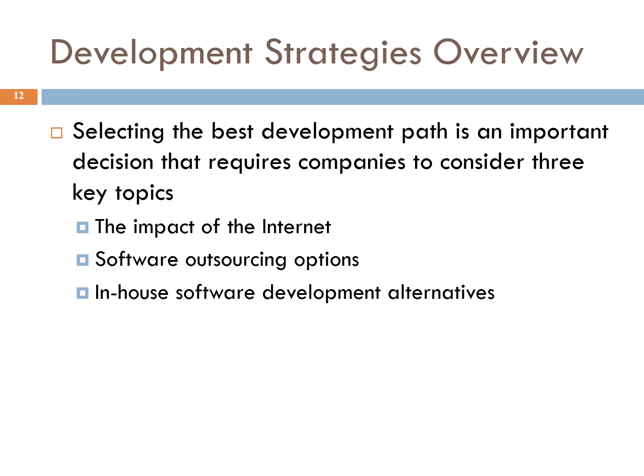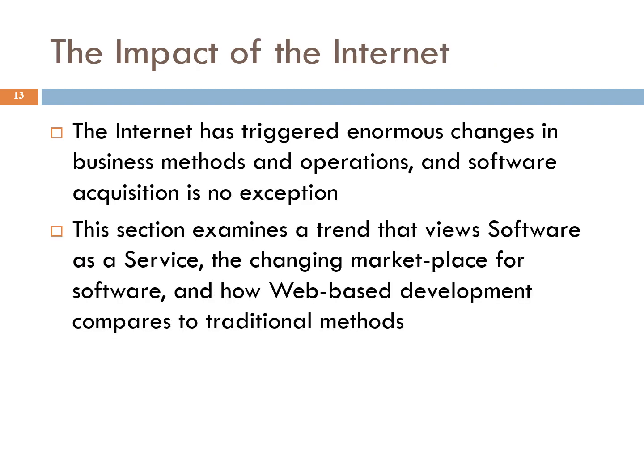So it is important to select the best development path, meaning how the company is going to develop their software, with consideration of these three areas. The first one is the impact of the internet, the software outsourcing option, and also in-house software development alternatives.